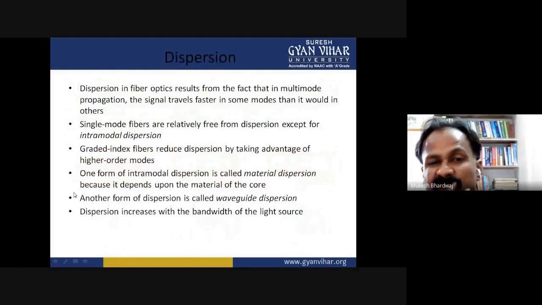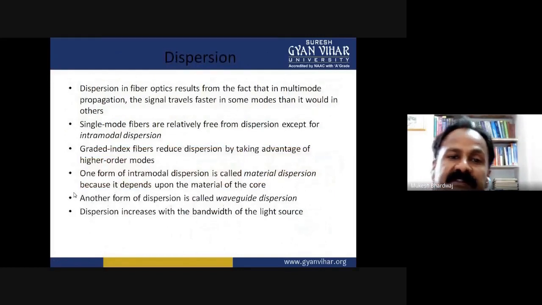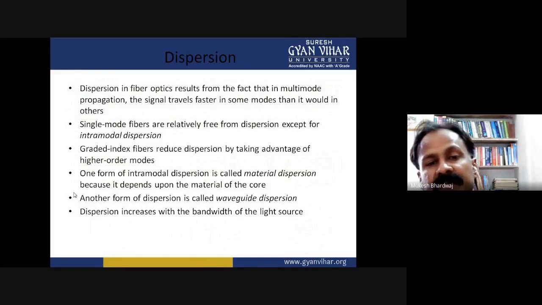Now, dispersion in fiber optics results from the fact that in multimode propagation, the signal travels faster in some modes than it would in others. Single mode fibers are relatively free from dispersion except for intramodal dispersion.